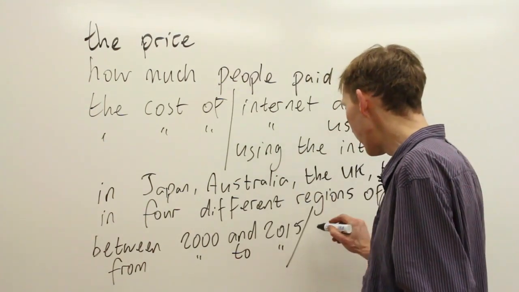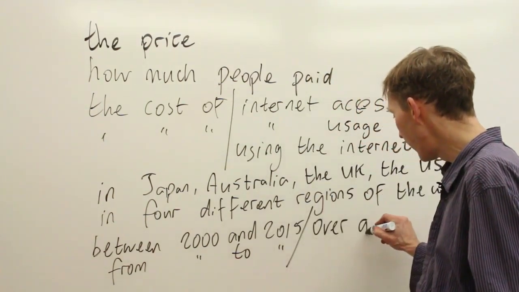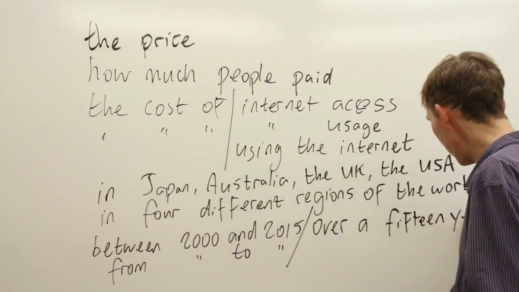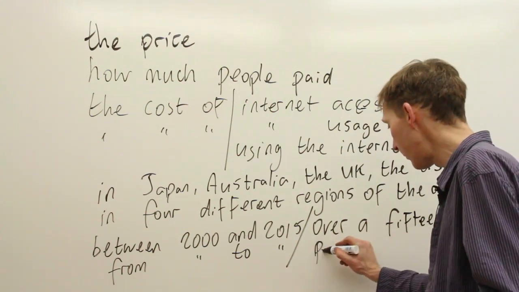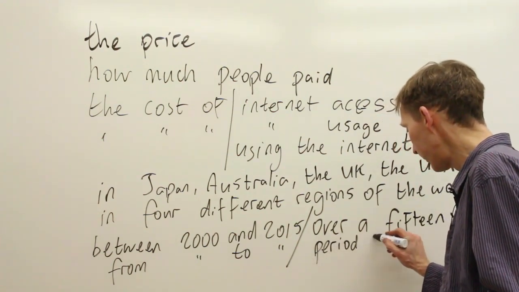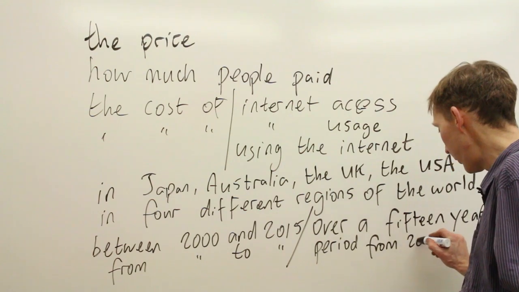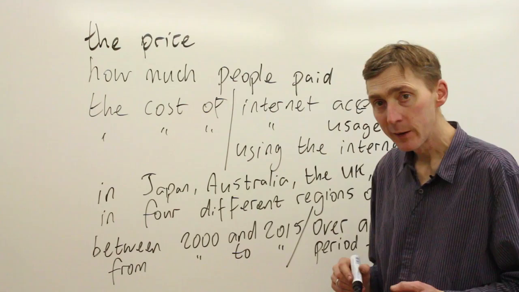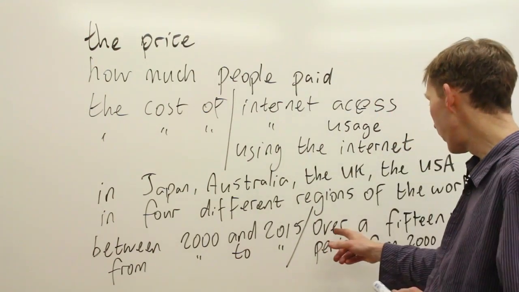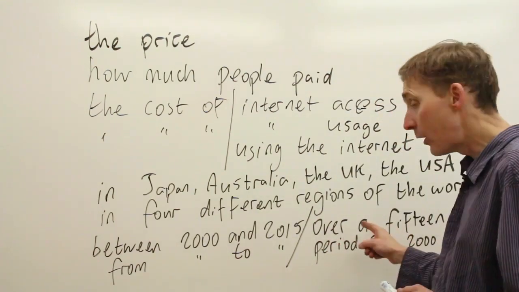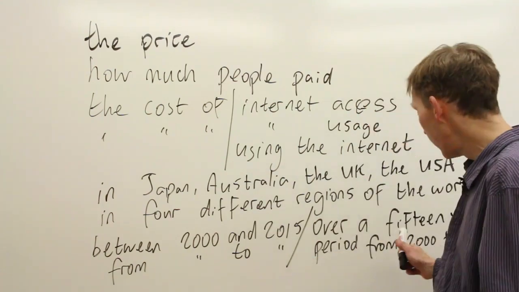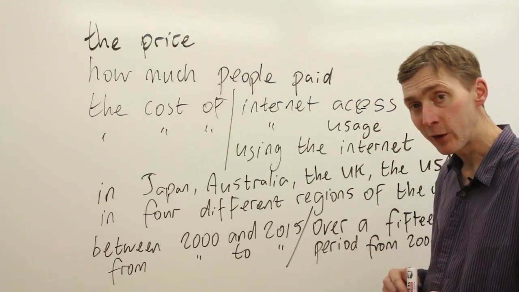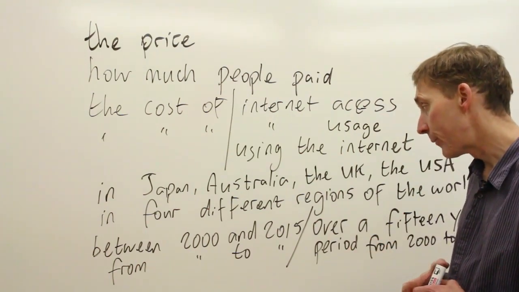We could also talk about over a 15-year period from 2000 to 2015. There we go. So that's 1, 2, 3, 4, 5, 6, 7, 8, so that's 9 words. You have to write 150 words. You've got 9 words just from paraphrasing the time expression there.